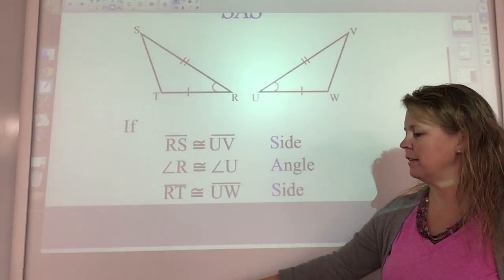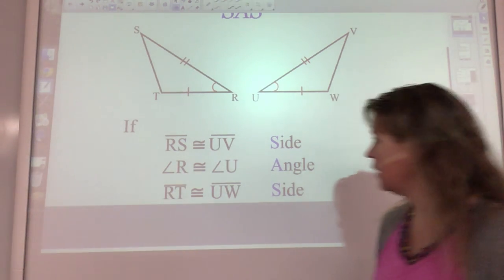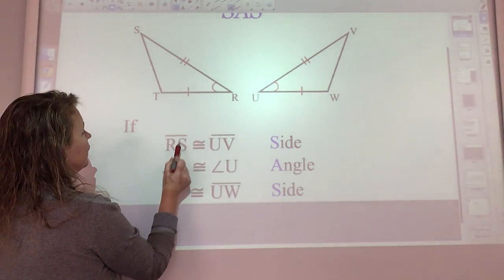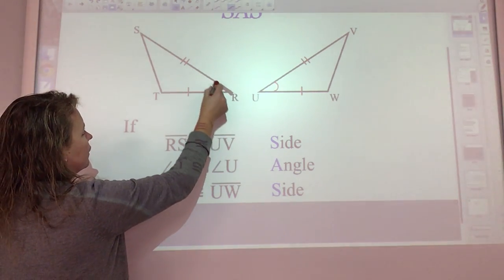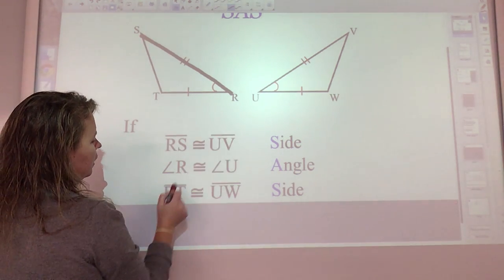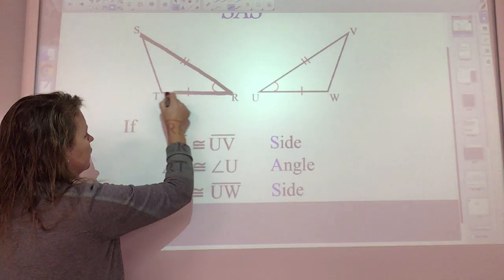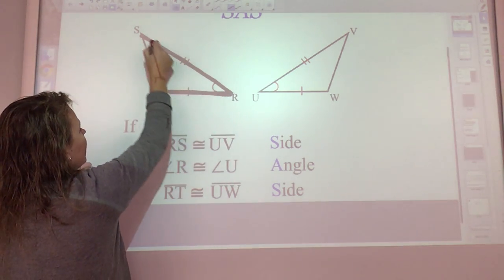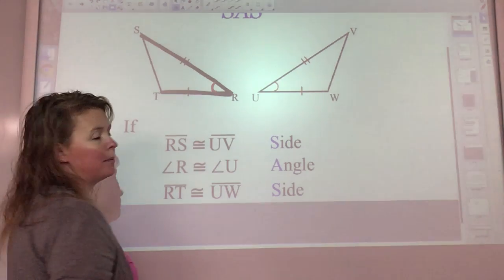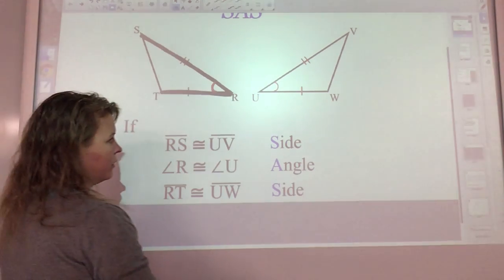What's an easy way to check to see if it's the included angle? Trace these two sides. If I trace side RS and I trace side RT, do those two sides that I trace make the angle that's marked? Absolutely they do. Same thing over here.